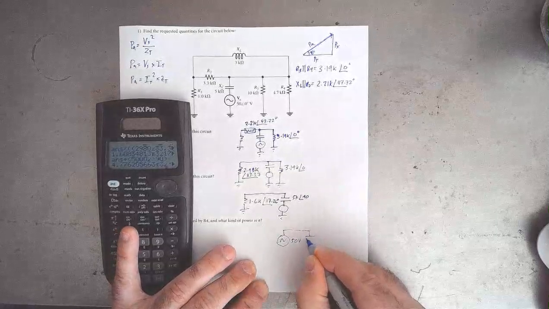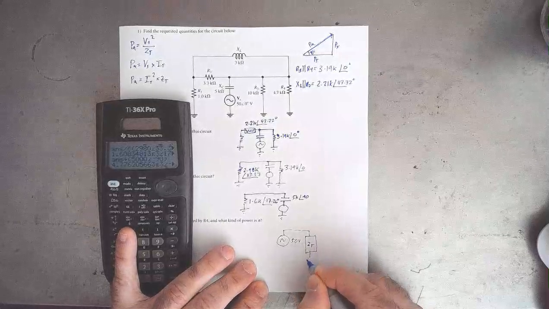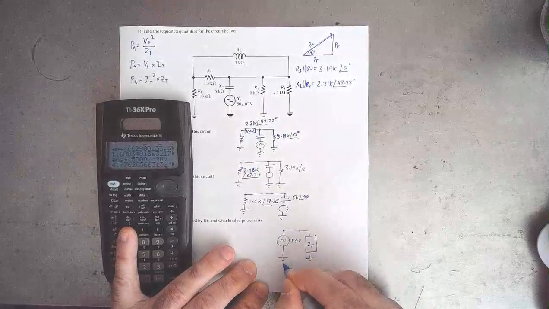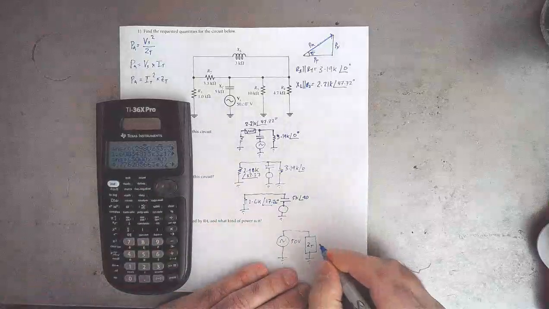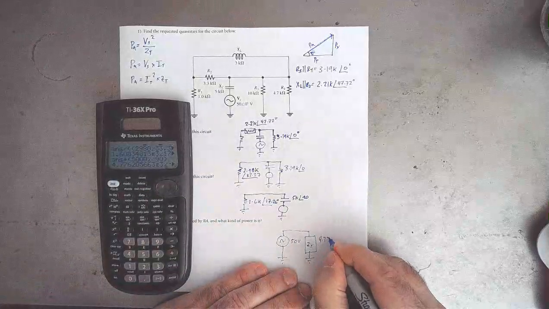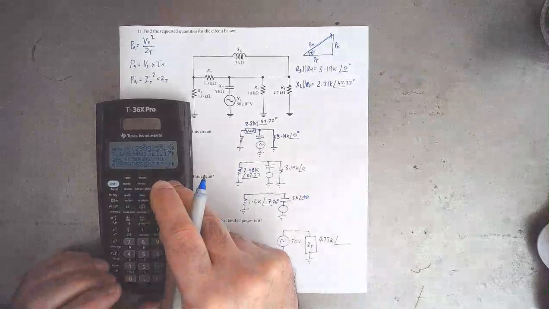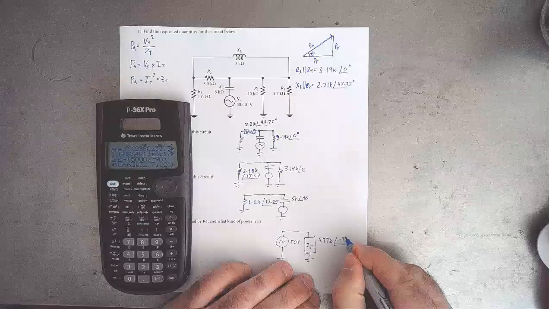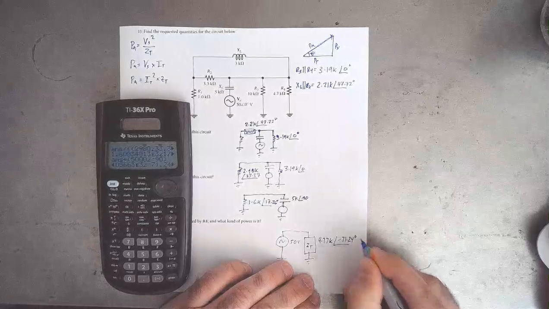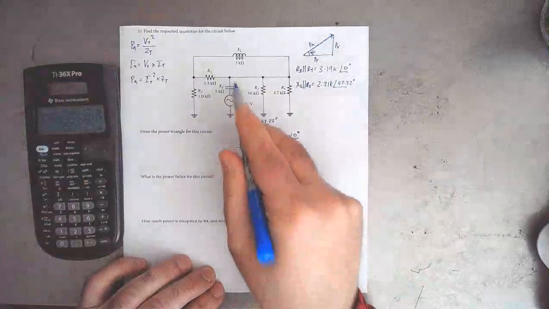And our total impedance, ZT, right here, is going to be 4.77K at an angle of minus 71.24 degrees. So that is ZT. Had to work pretty hard to get that.